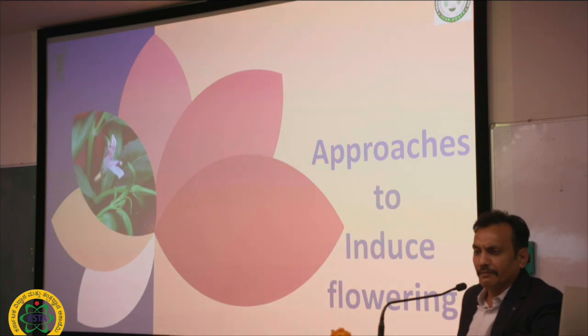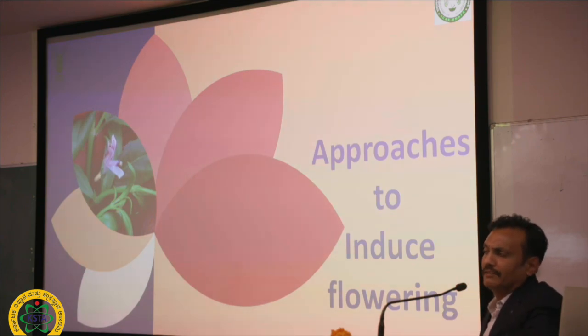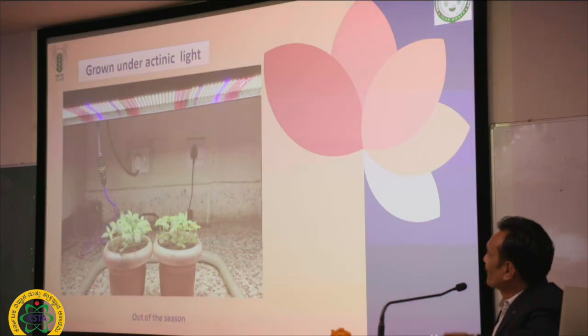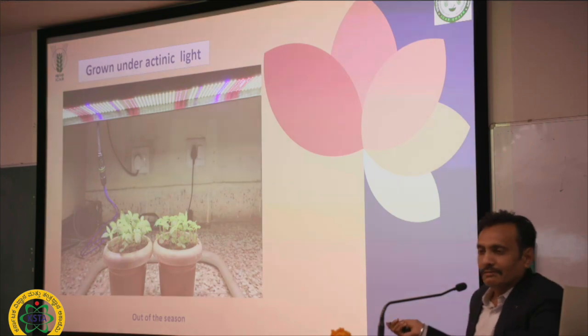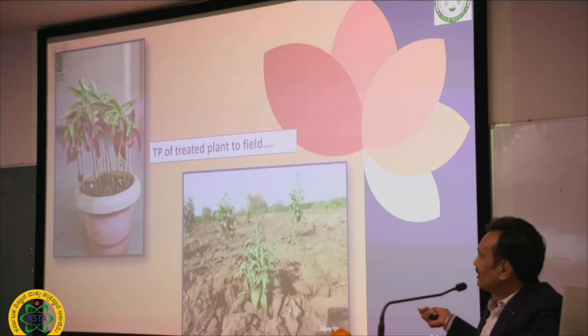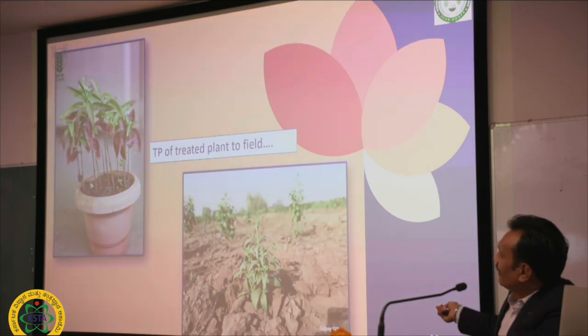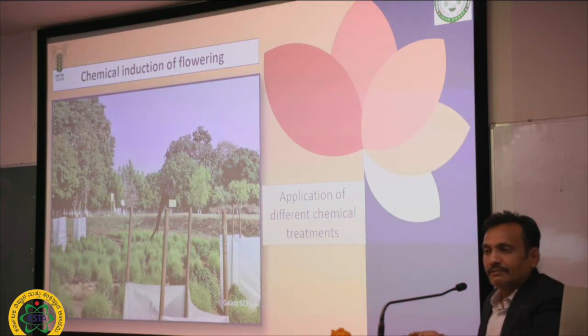So we employed different mechanisms to initiate flowering in this population also. We grew these seedlings in actinic light and then transferred them to the field. We have tested different chemicals.